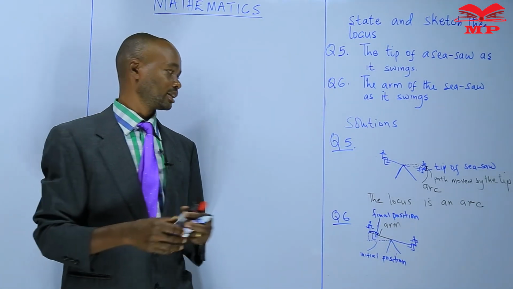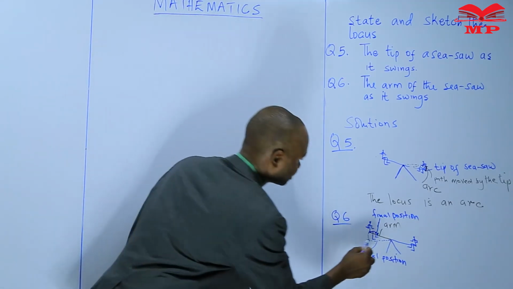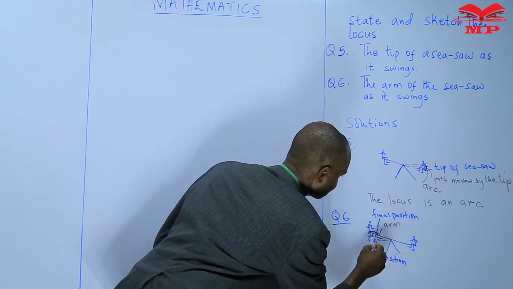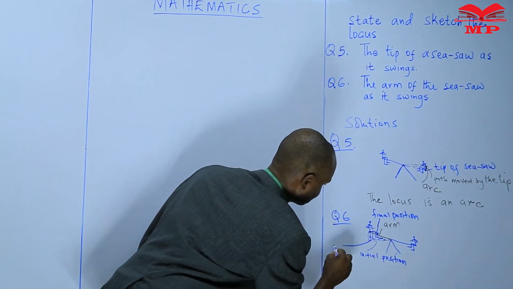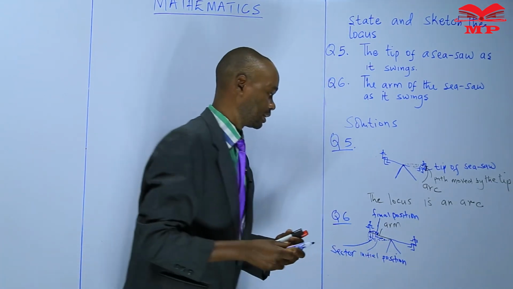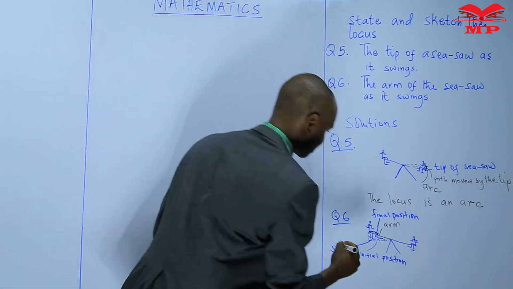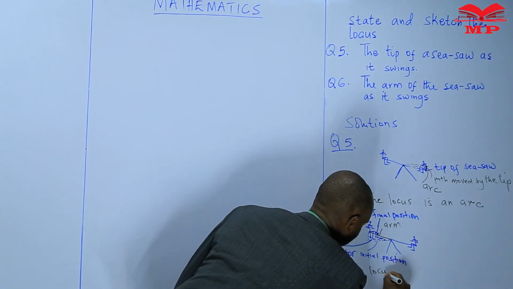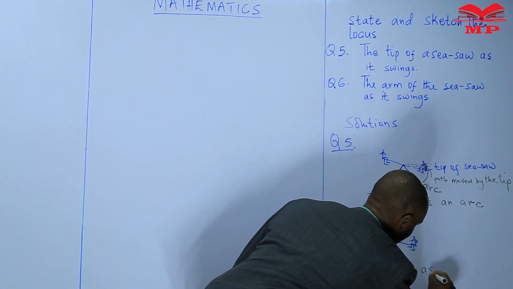We note that an arm is a line. It will sweep out a certain region. This region is a sector. So the locus is a sector.